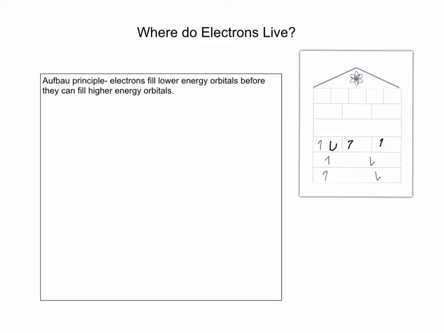The second rule that this example shows deals with how electrons would rather have their own room before sharing with another electron. And this is known as Hund's rule.